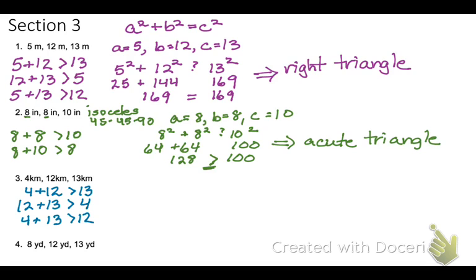Now I need to figure out what kind it is. My a is going to be equal to 4, my b is going to be equal to 12, and my c is going to be equal to 13.